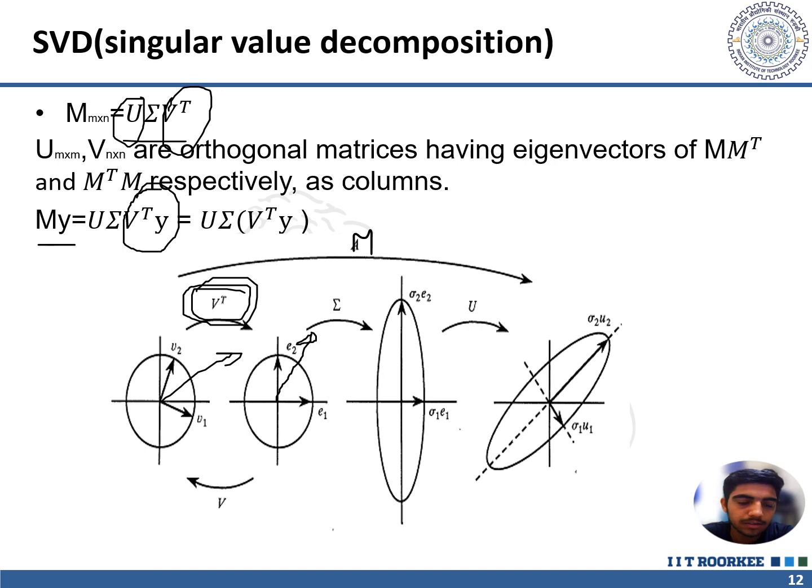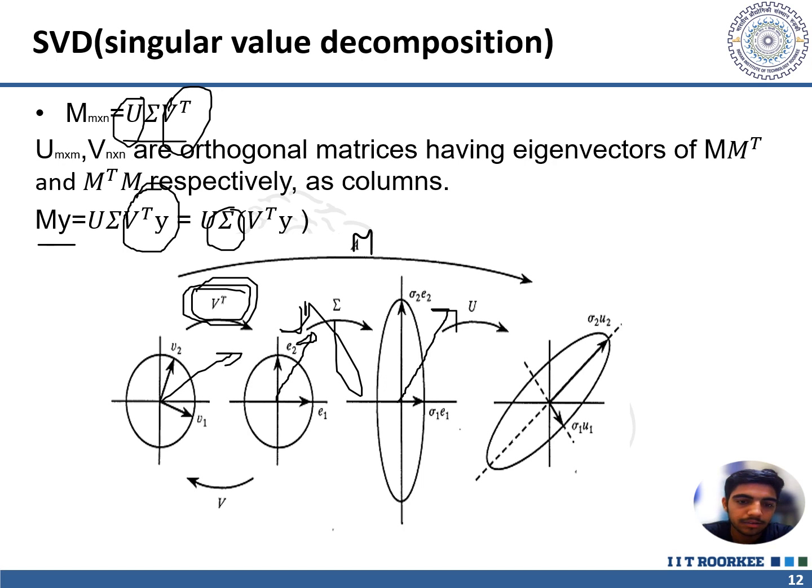After that we get this new vector. Let's call it y dash. This y dash will be multiplied by the matrix sigma, which will reduce its dimension, or project it onto some lower dimensional plane, and also scale the coordinates along the axes. Anyhow, this will project onto a lower dimensional plane.